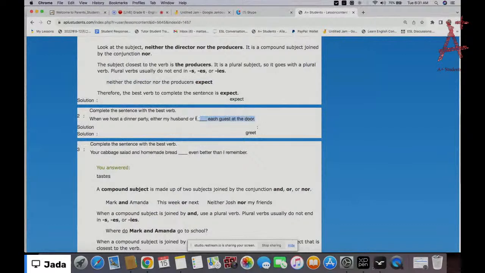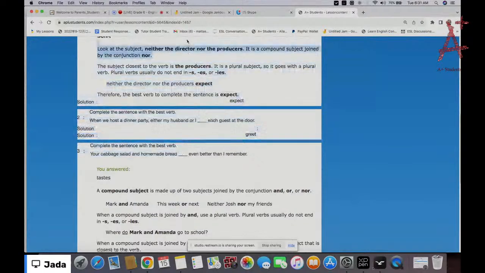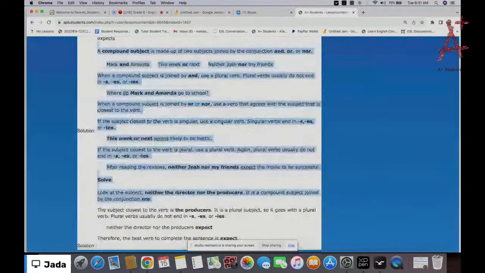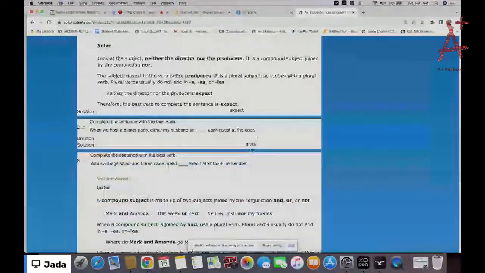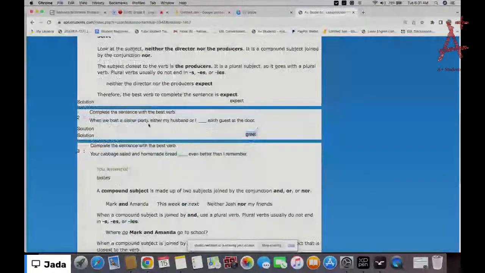So, I. We said when it shows us or, we have to make sure that the next one agrees. So what is the best answer that's suitable here? When we host a dinner party, neither my husband or I greet each guest at the door.